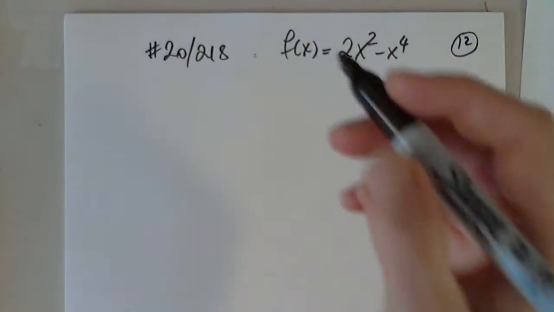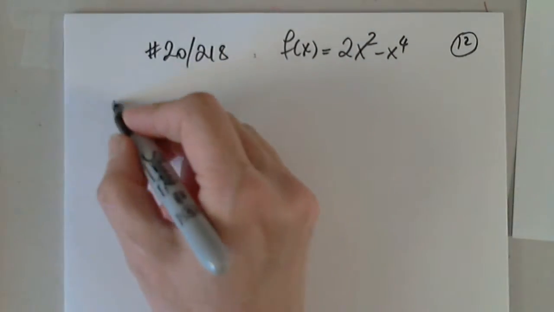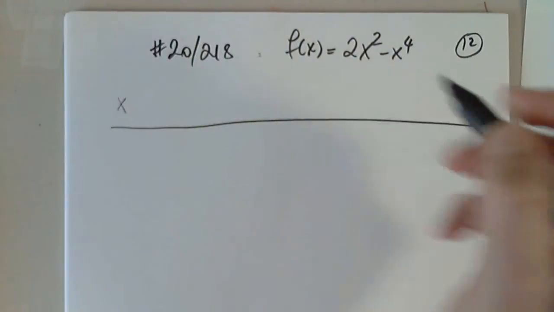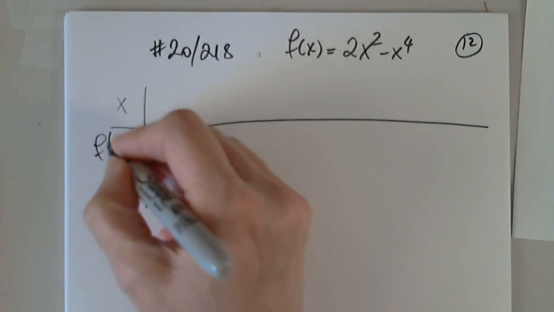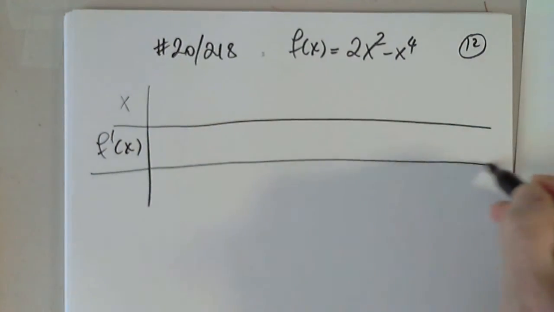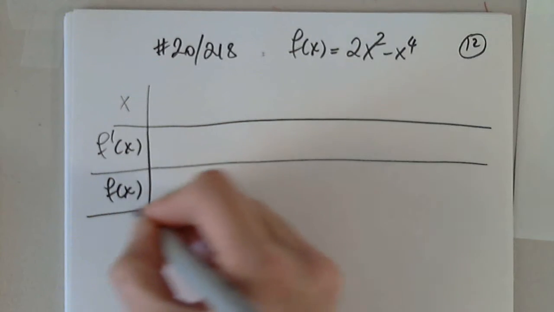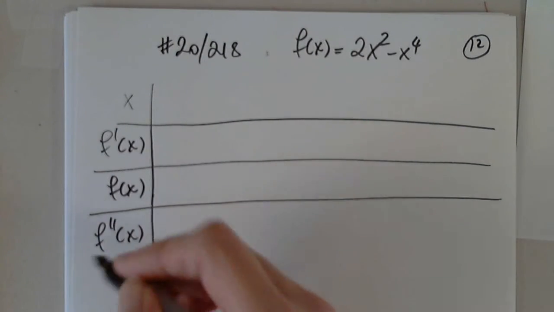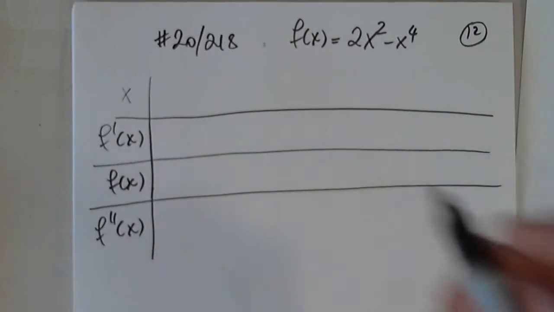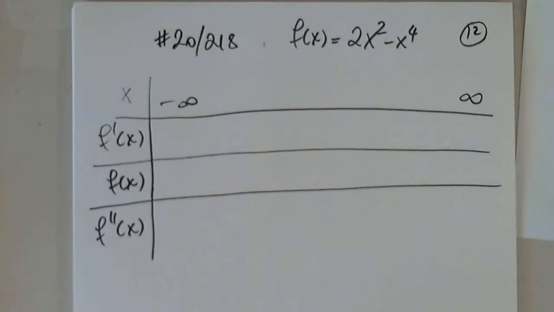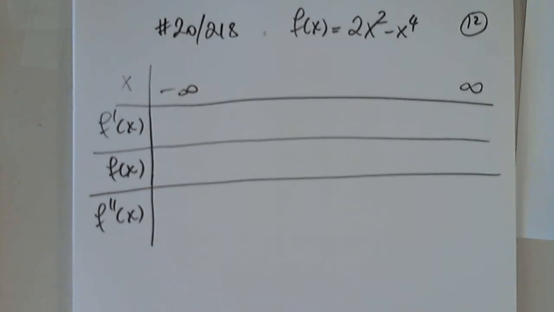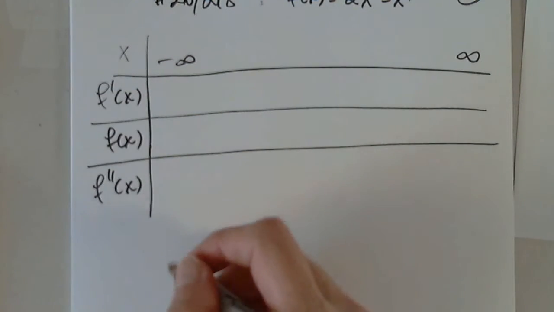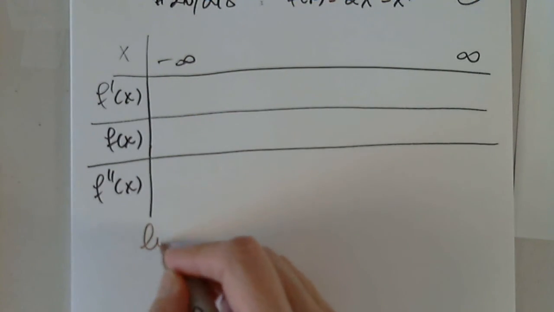Okay, since this is a polynomial function, we know the domain is all real numbers. So there is no problem there. Good. I will first determine the limits.